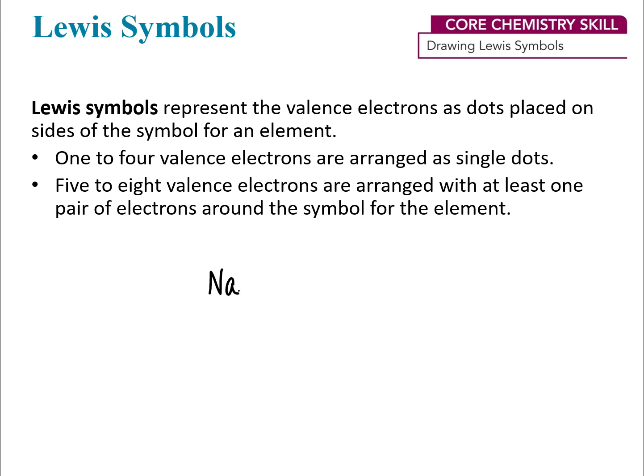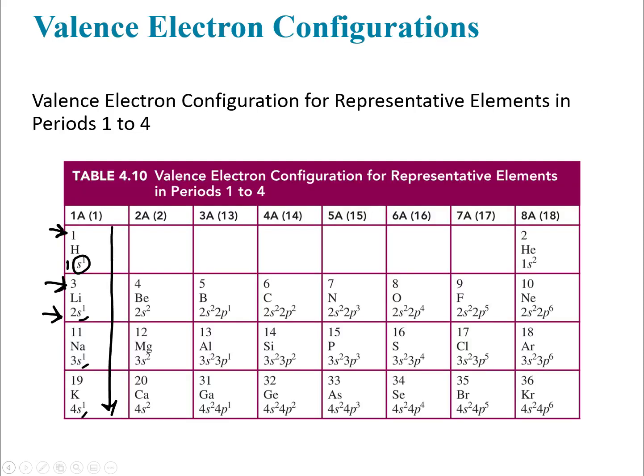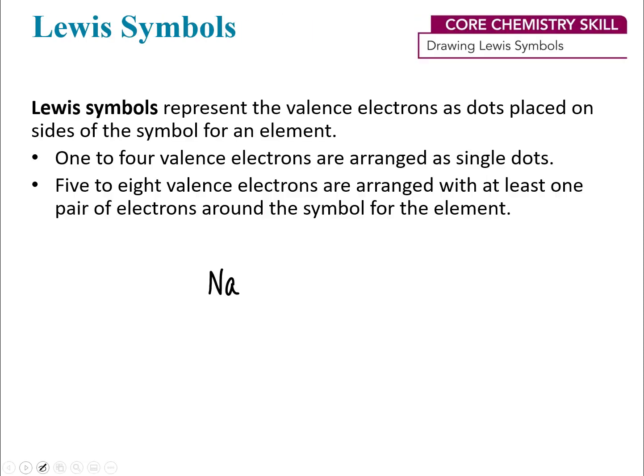Sodium is in the S block, and if we go back, you can see it's in group 1A. That means it's going to have 1 valence electron.